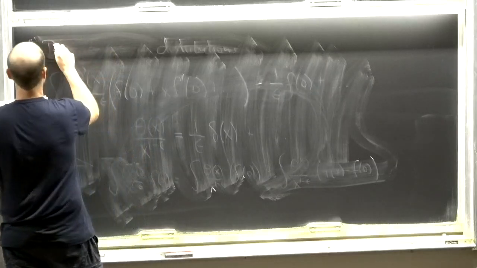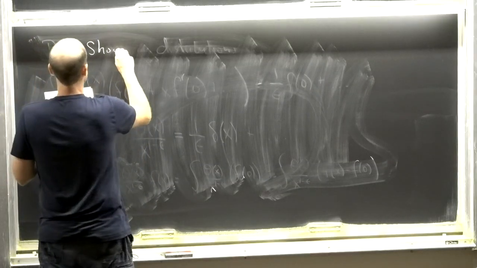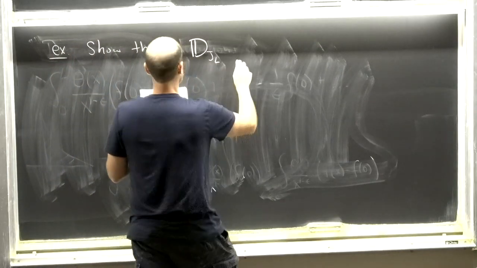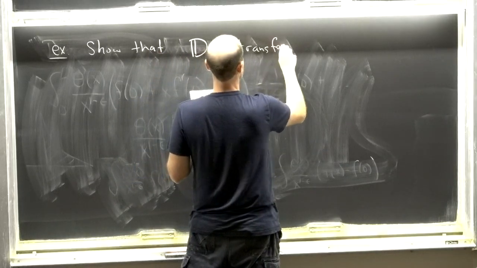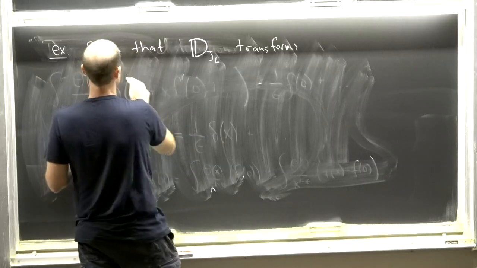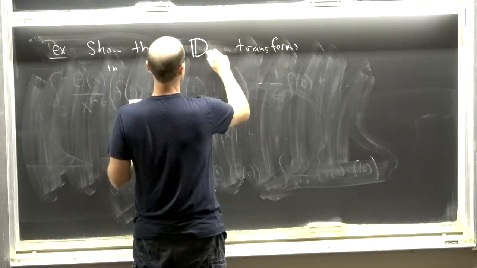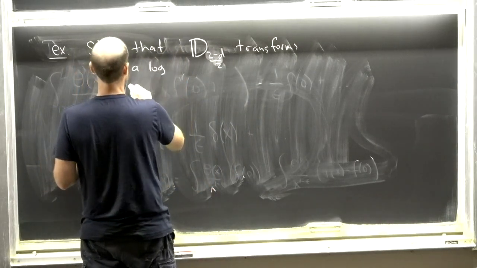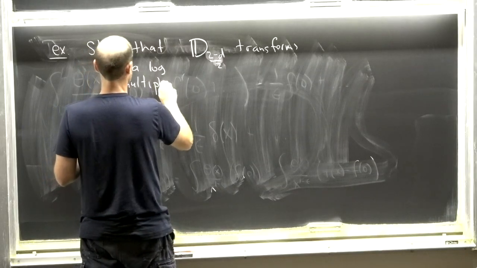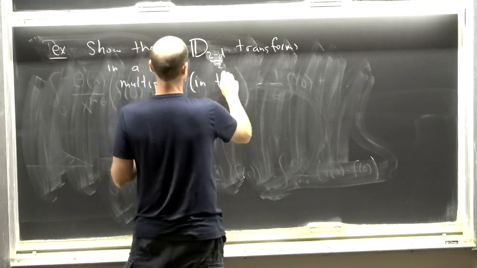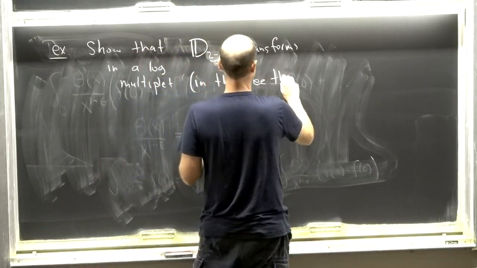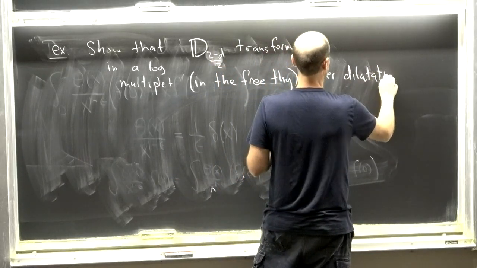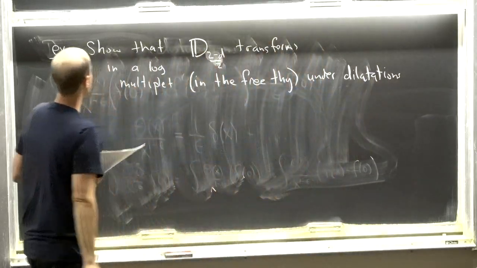So the exercise is: show that this two-component thing, this two-component thing at this very special value of JL right in the middle, transforms in a log multiplet in the free theory under dilatations. Okay, so this is an interesting fact.